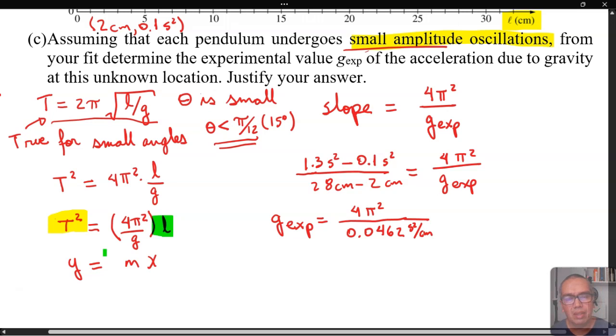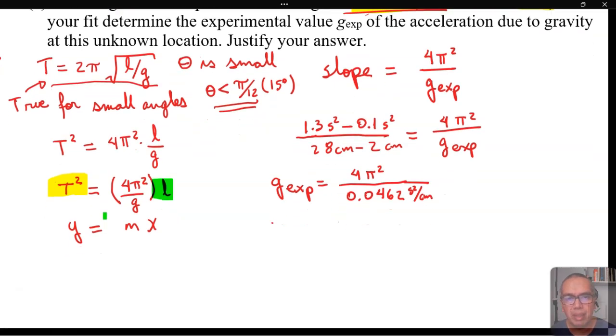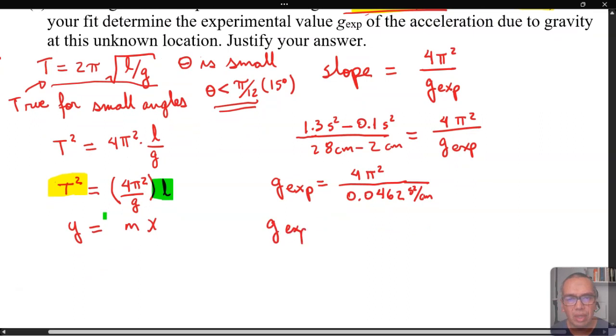Now, under these circumstances, the experimental value for g that we are obtaining is 855, and the reason for this value in the hundreds is that it's given as centimeters per second squared.